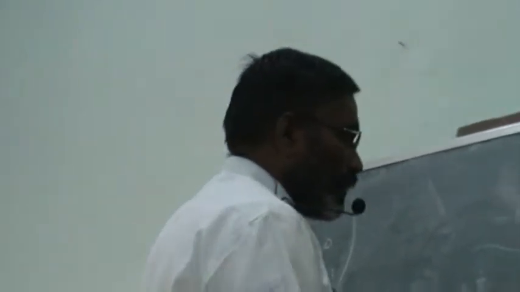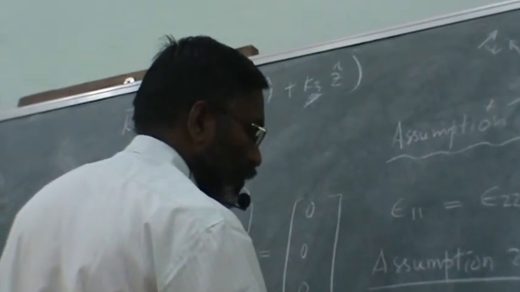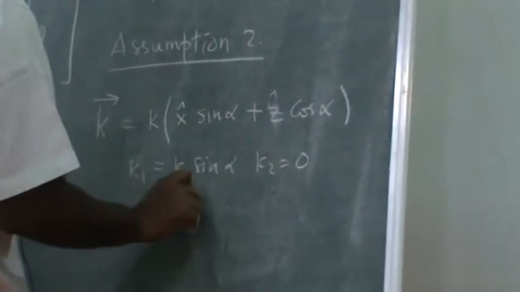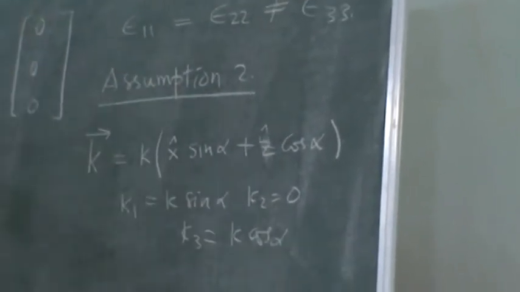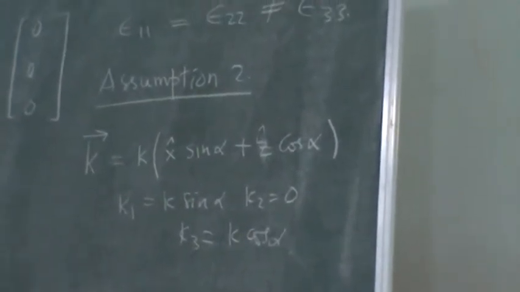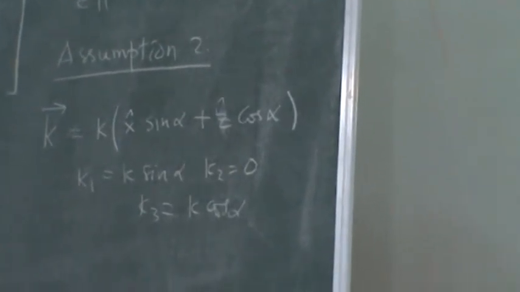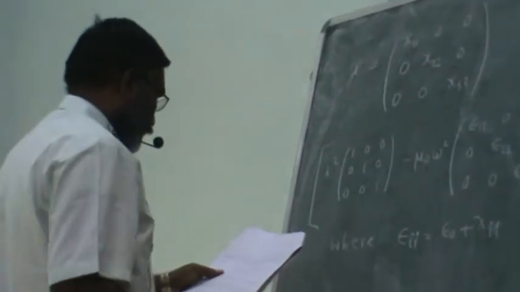With these things, what does it mean? This means that K1 is equal to k sine alpha, K2 is equal to 0, and K3 is k cos alpha. So I substituted this in the equation. Wherever K2 is there, they will all become 0. This term will become 0. And I can write down this matrix, so I will write down the final matrix with a little bit of algebra.